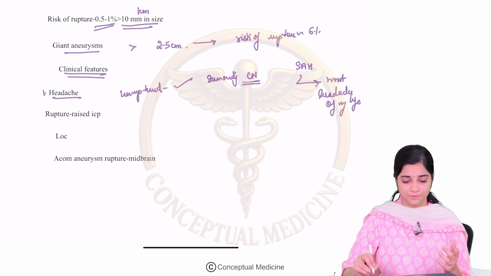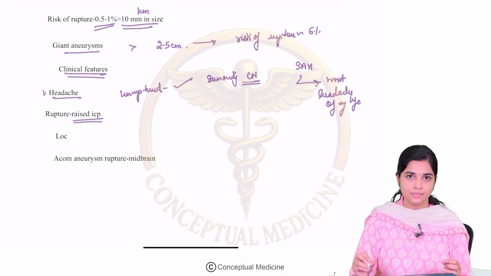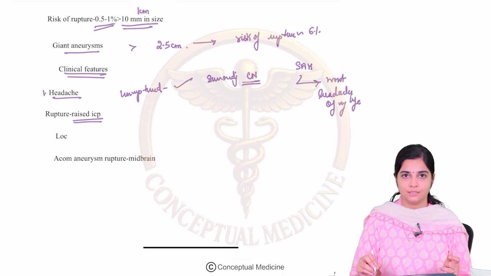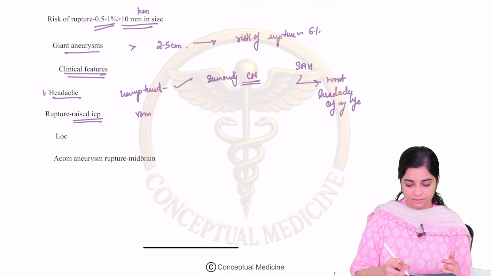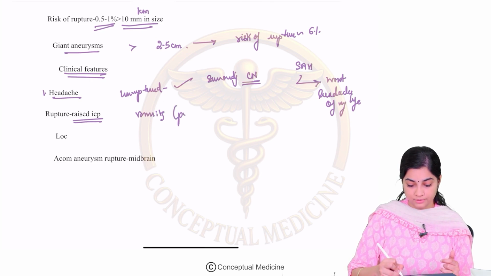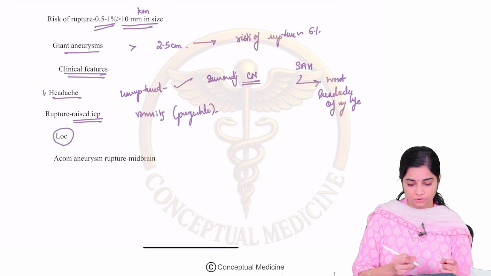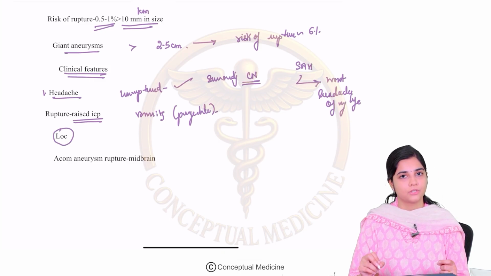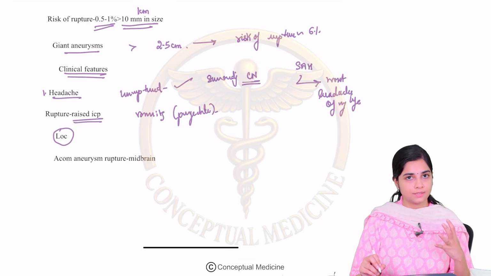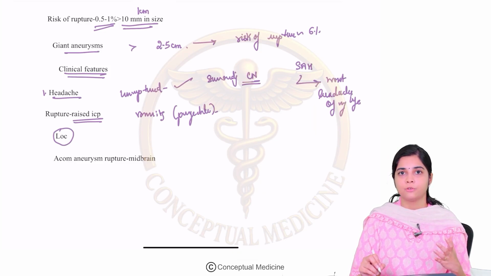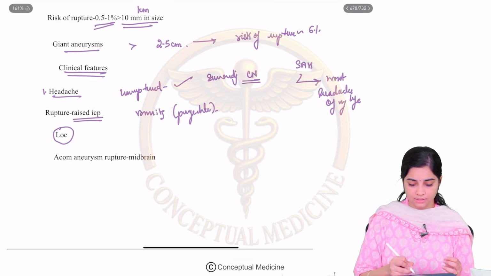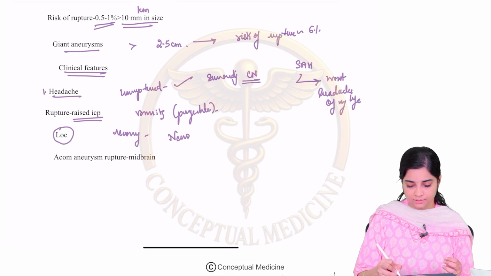Now, a sudden rupture can also result in raised intracranial pressure, and this can cause vomiting. It is a projectile vomiting. Then you can also have a sudden loss of consciousness, which can be followed by recovery with neurological deficits.